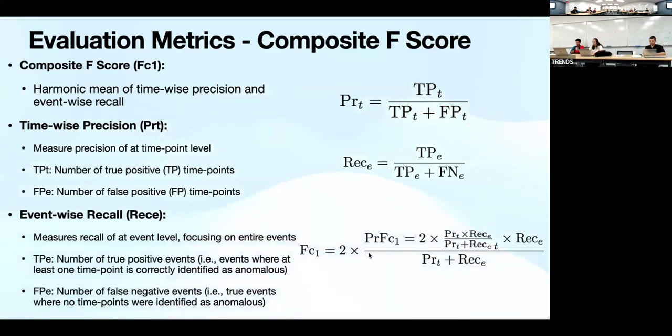They combine those metrics to get this harmonic mean type score, which is below here, denoted as FC1. And they're claiming that this is the best score that they could come up with, or that represents the scenario that they're trying to address.